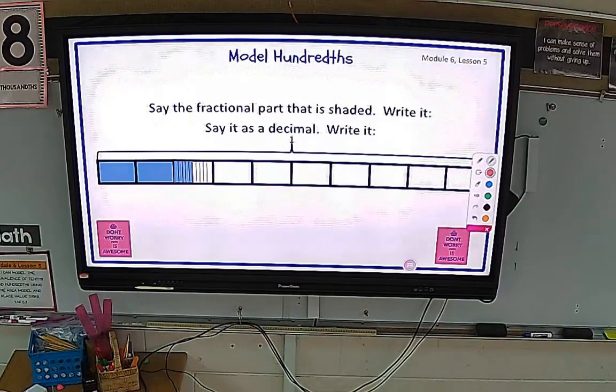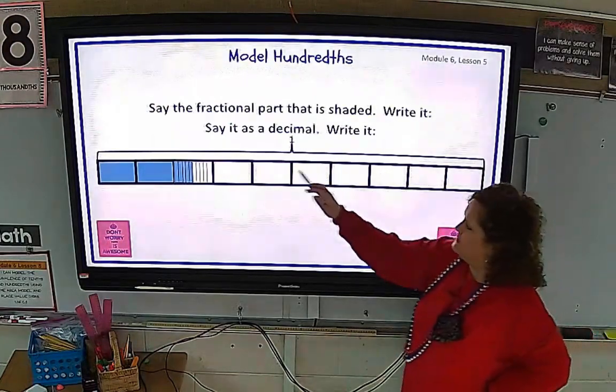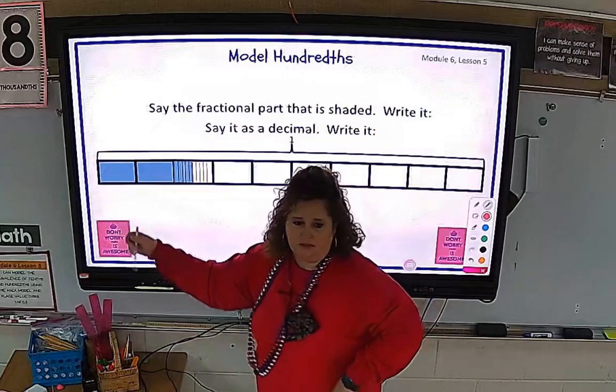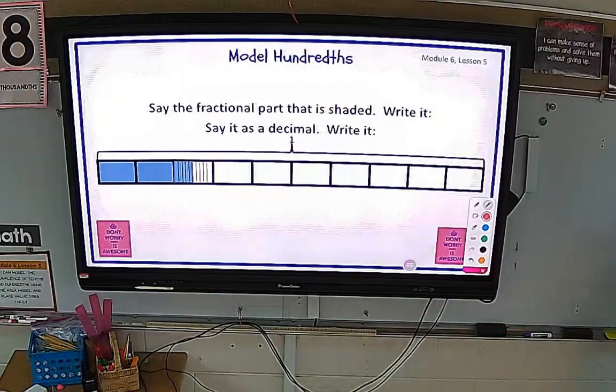And I want you to look closely at it. The other day we used a tape diagram when we were working with tenths. And this tape diagram is still cut into 1, 2, 3, 4, 5, 6, 7, 8, 9, 10 pieces. So it's still showing tenths. But you can see as well as I can that they've added something a little different to it. What do you think they're trying to show us on this tape diagram?